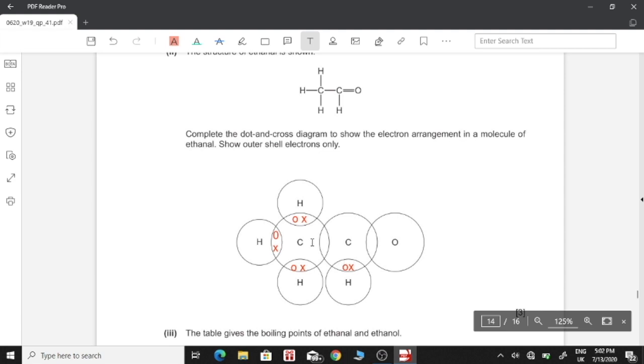Okay, so now each carbon has 4 electrons in its outer shell, 3 of which are used with 3 hydrogen atoms, and the last one is going to be used in the bond between these 2 carbon atoms. And now this carbon atom is supposed to be left with 2 electrons, and those 2 are going to be used in a double bond with this oxygen atom.